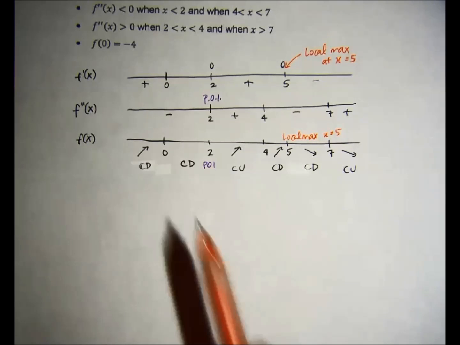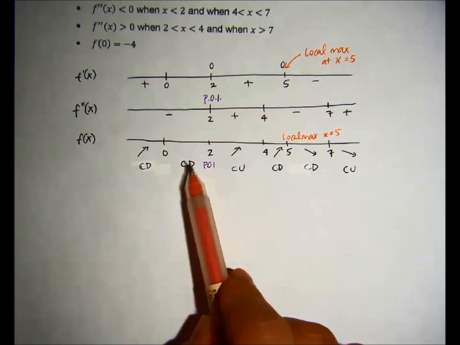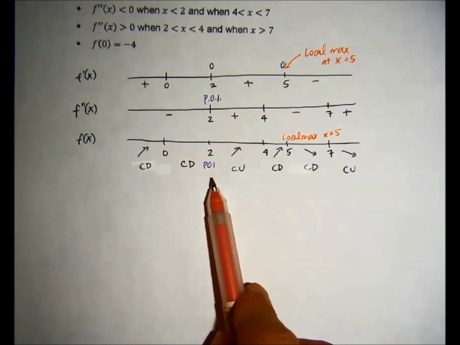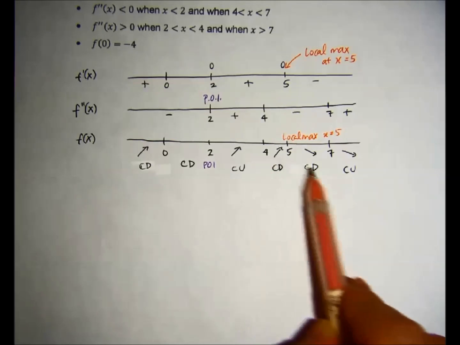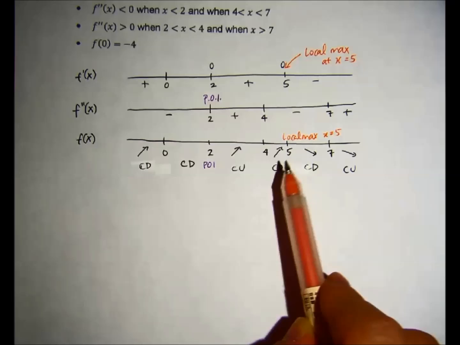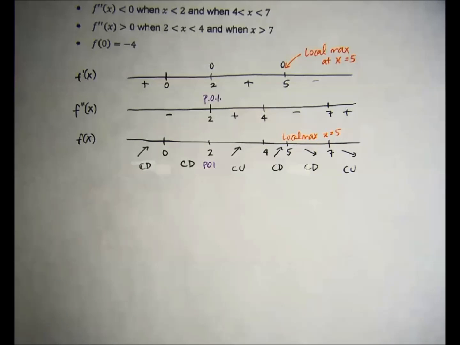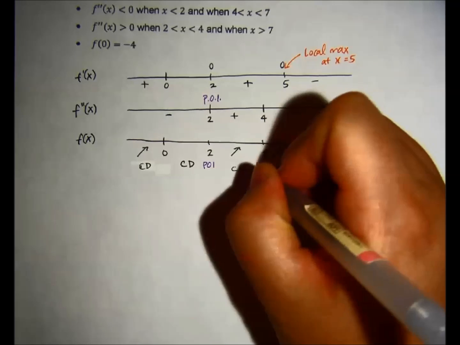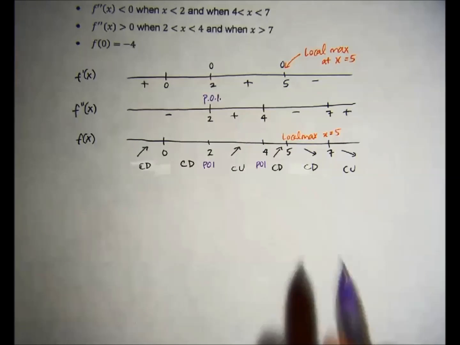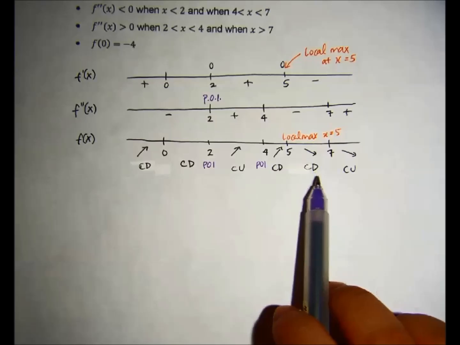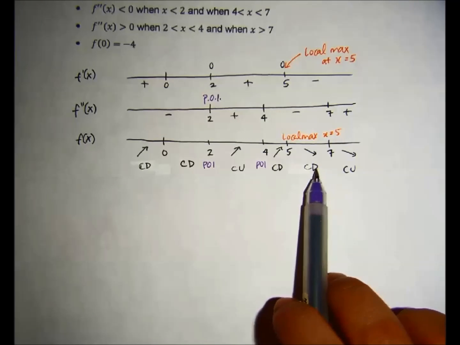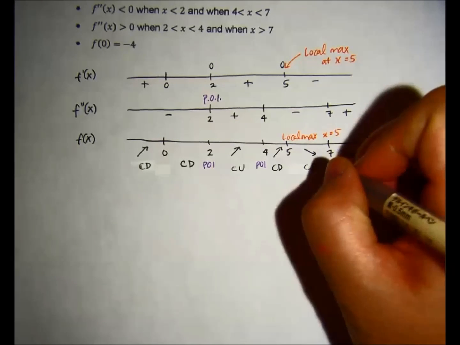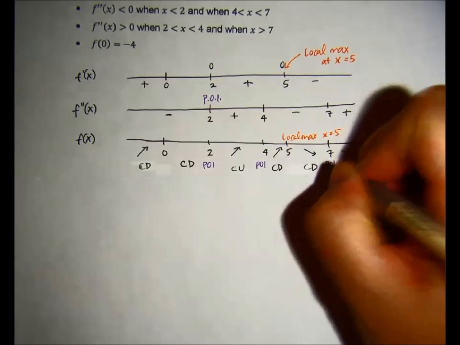And based on the fact that we're changing, let's say right here, from concave down to concave up, and we have a point of inflection, then here concave up to concave down. So I can maybe assume that there's another point of inflection here. Okay. And then over here as well, from concave down to concave up at x equals 7, another point of inflection.